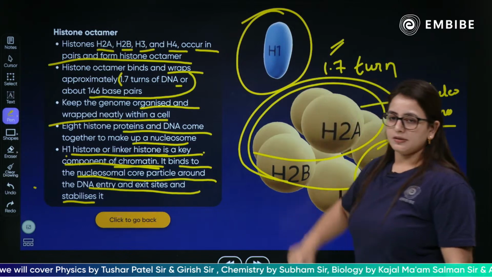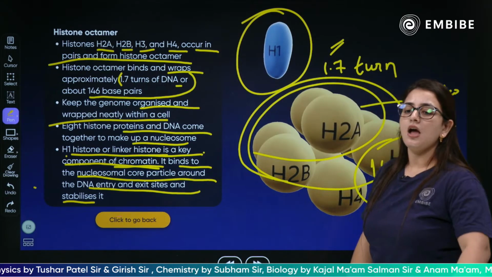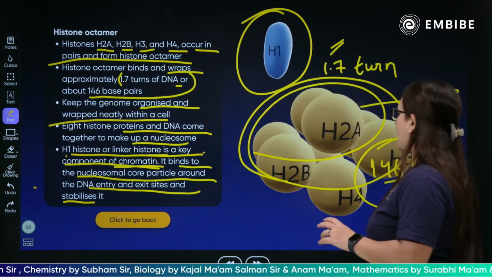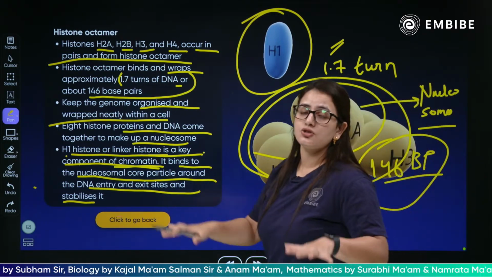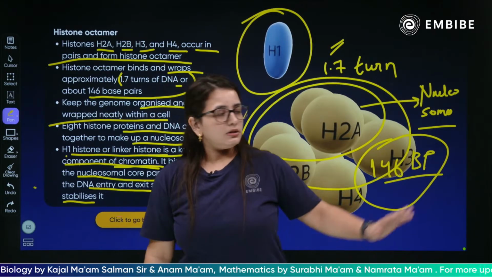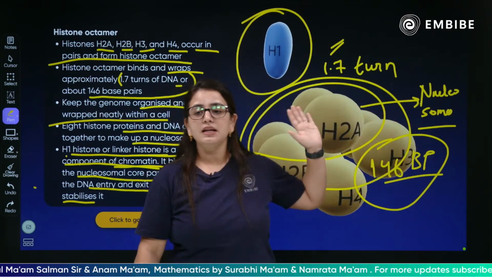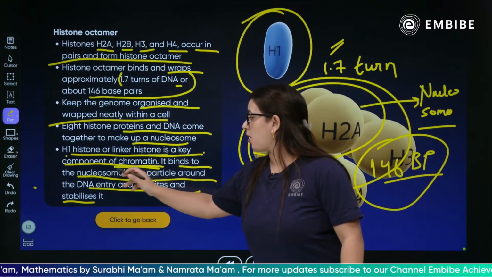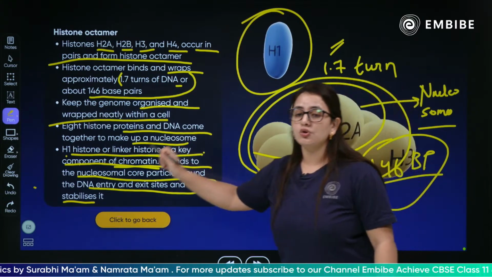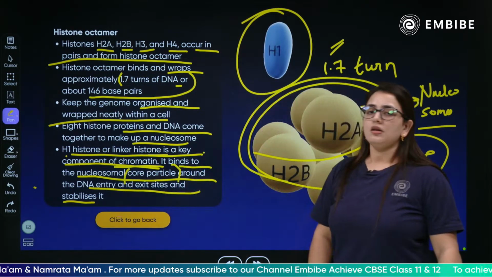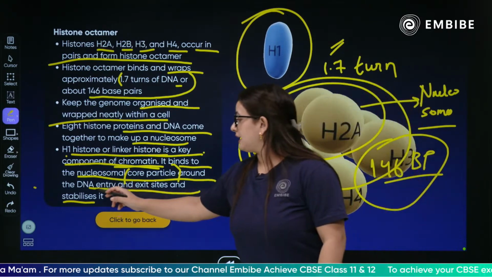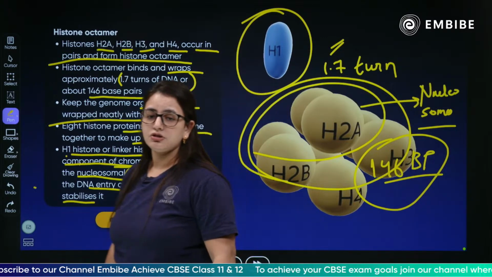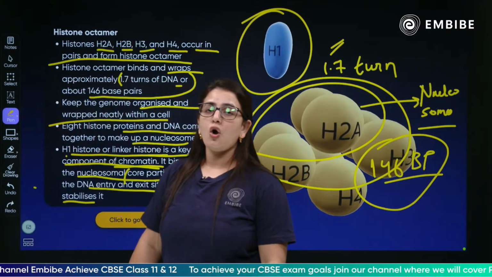This H1 protein helps in binding the DNA from the entry to the exit and stabilizes the structure. The 1.7 turns are complete, but the H1 or linker protein is the key component of chromatin. So this is about the histone octamer.